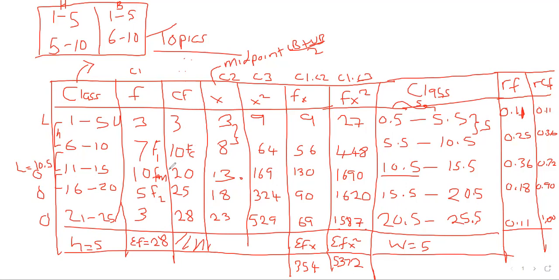Alternatively, after finding FM, the distance between FM and F1 is called your distance 1, your D1. The distance between FM and F2 is called your D2, your distance 2. What is D1? The distance from here to here. D1 is 3.